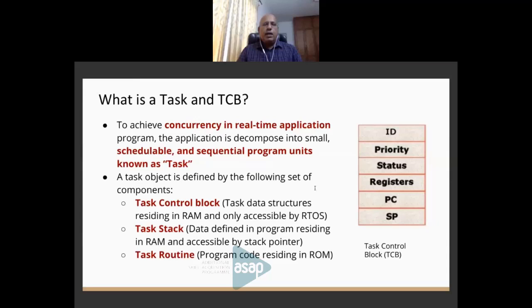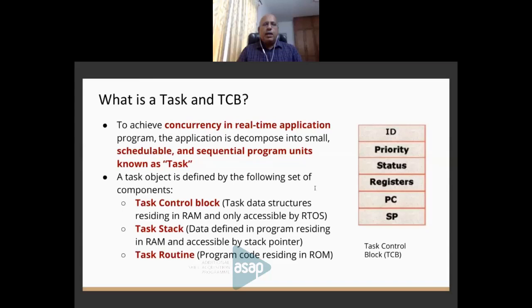So we get the feeling that you are able to use the CPU simultaneously, but there is nothing simultaneous there, because only one at a time can use the CPU. That is the concept called concurrency. Concurrency means you get a virtual feeling of simultaneous execution, but only one execution happens at a time on the microprocessor. So in a task, you can see there are different things like task control block, task stack, task routines, and so on.